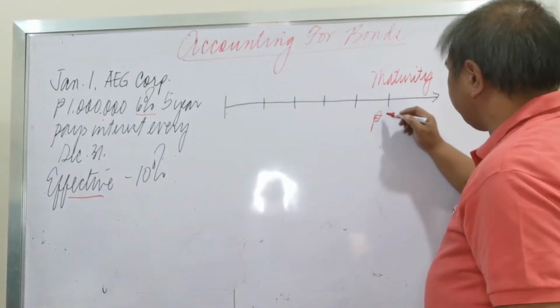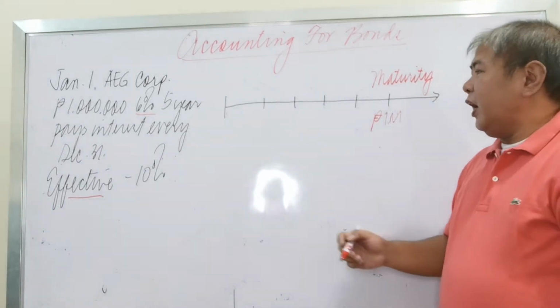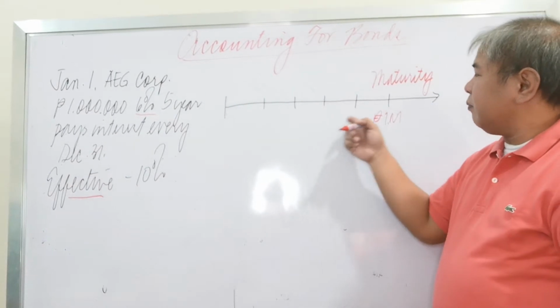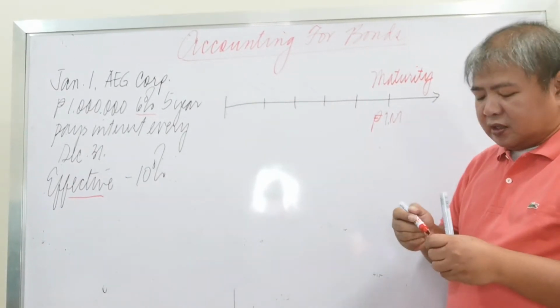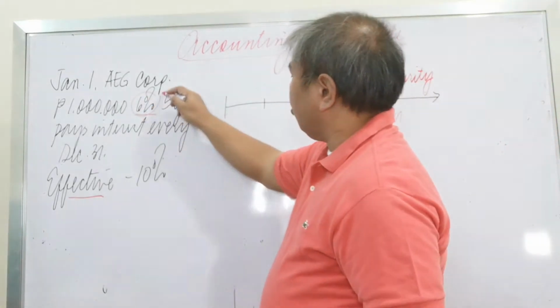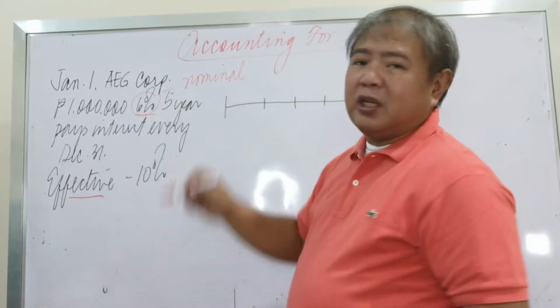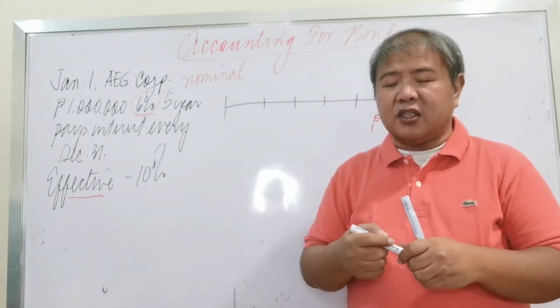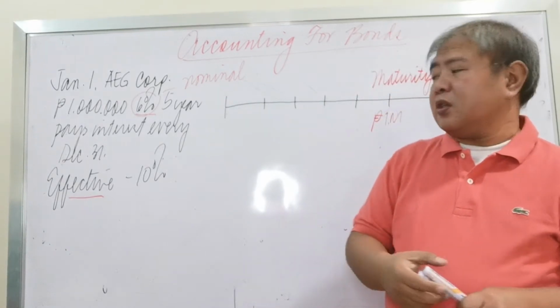The issuer will have to pay the 1 million principal. And every December of each year, the issuer will have to pay the 6% nominal interest. What is nominal interest again? That is the interest that's imprinted or stated or indicated in the bond certificate.